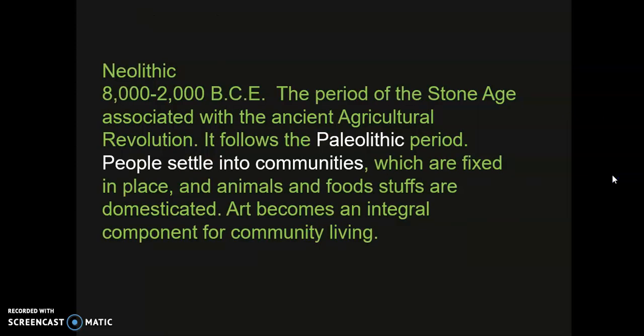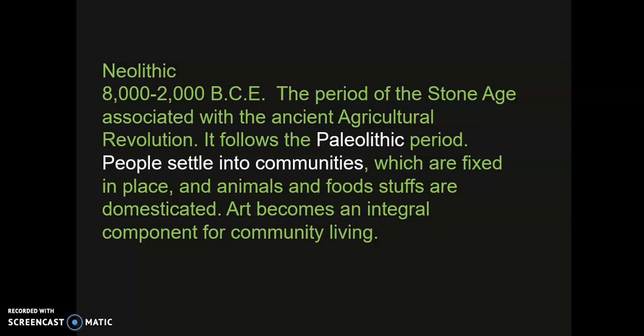All right, now review: the Neolithic period of the Stone Age is associated with the agricultural revolution. It followed the Paleolithic period, and it's a time when people settled into communities. Now, one of the images that we're going to look at is at the very tail end of the Neolithic period, right before we start getting into ancient Mesopotamia and these things called city-states.